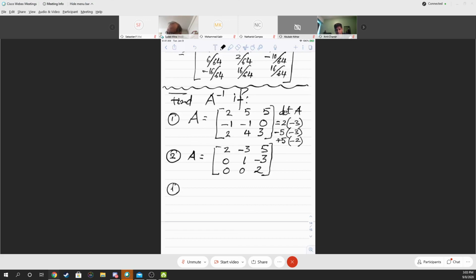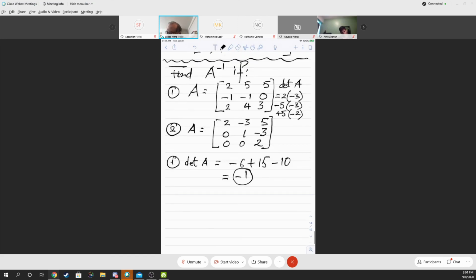Number one, the determinant of A is -6 plus 15 minus 10. That's nice, -1. So that's good news.